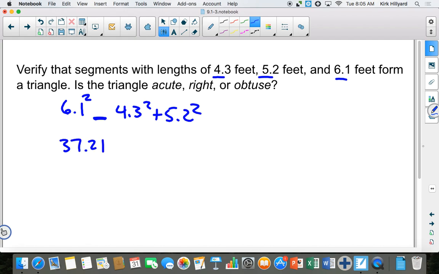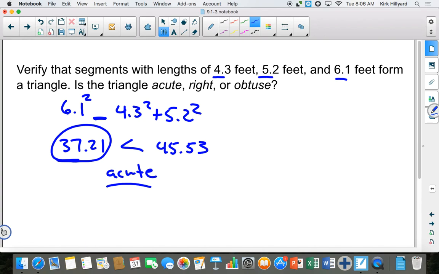And we're still waiting to see what 4.3 squared plus the other one squared is. That is 45.53. So c squared is less than these two added together, so this triangle would be acute. And that is because c is less than the other two added together.